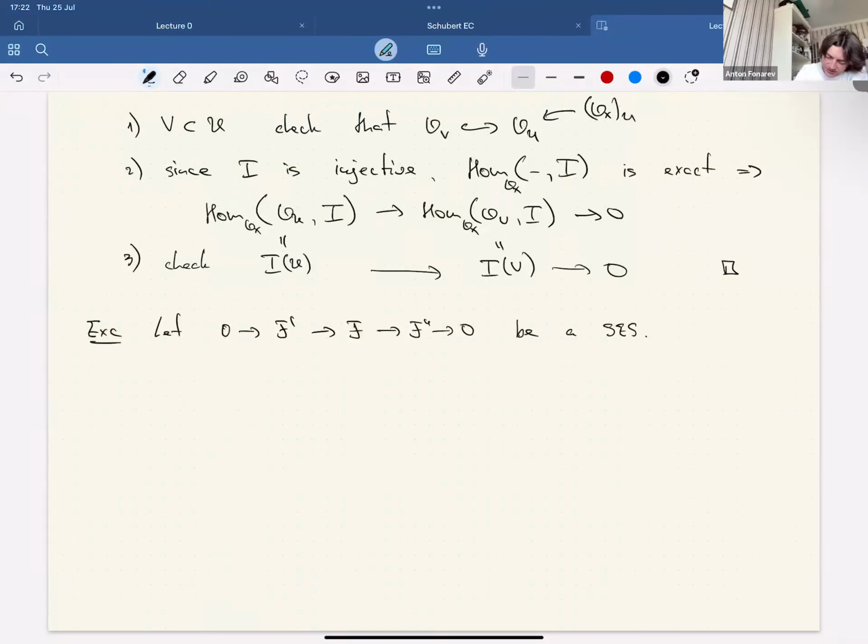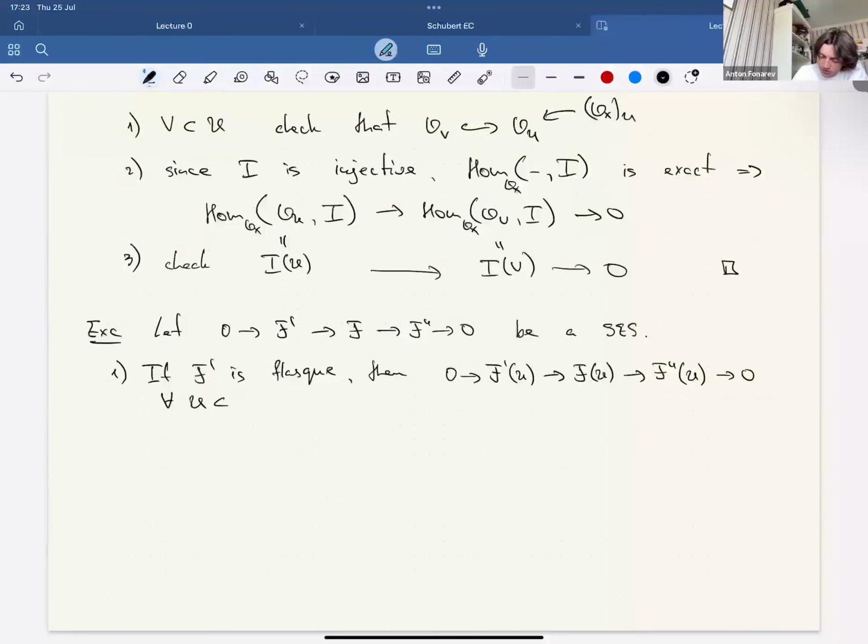The first exercise is: if F prime is flasque, then, in general, global sections are not exact, they're only left exact. But if the leftmost sheaf is flasque, then for any U, the sequence of sections is actually exact not only on the left, but on the right. So for any U a subset of X.